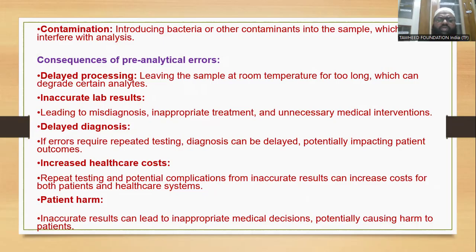Delayed diagnosis: if errors require repeated testing, diagnosis can be delayed, potentially impacting patient outcomes. Increased healthcare cost: repeat testing and potential complications from inaccurate results can increase cost for both patients and healthcare systems. And finally, patient harm: inaccurate results can lead to inappropriate medical decisions, potentially causing harm to patients.